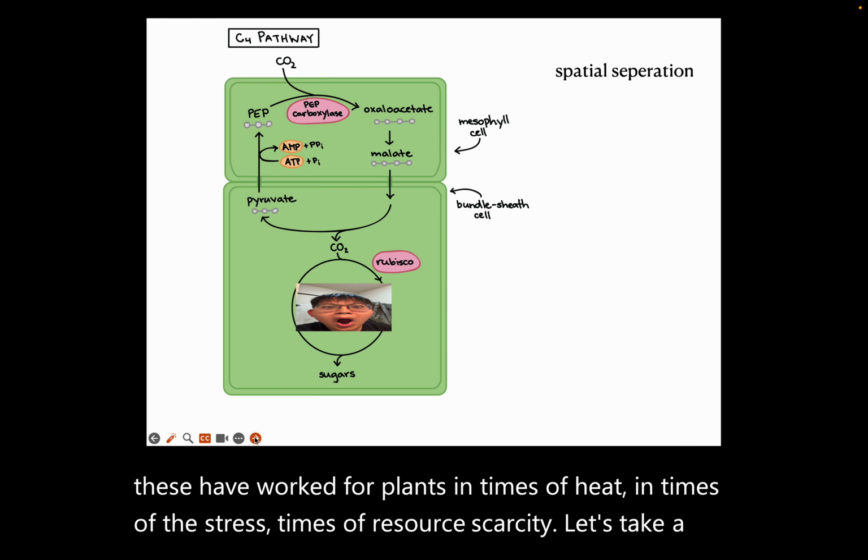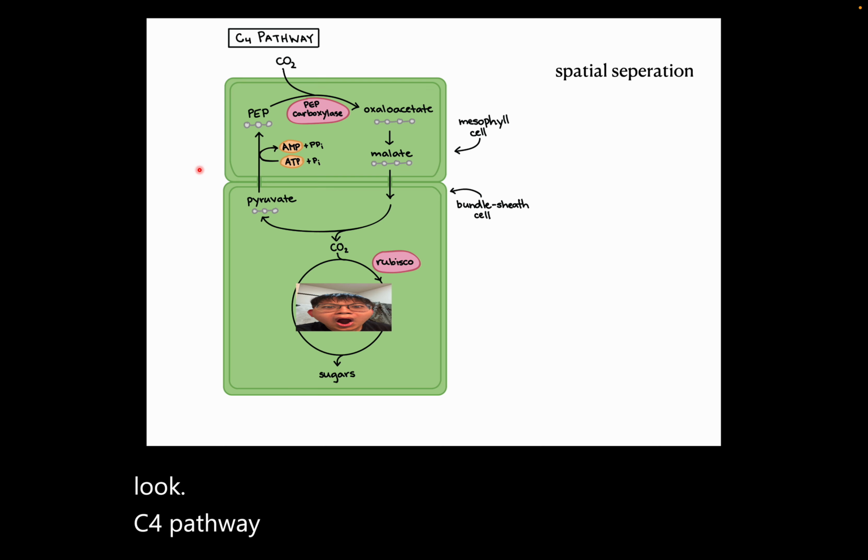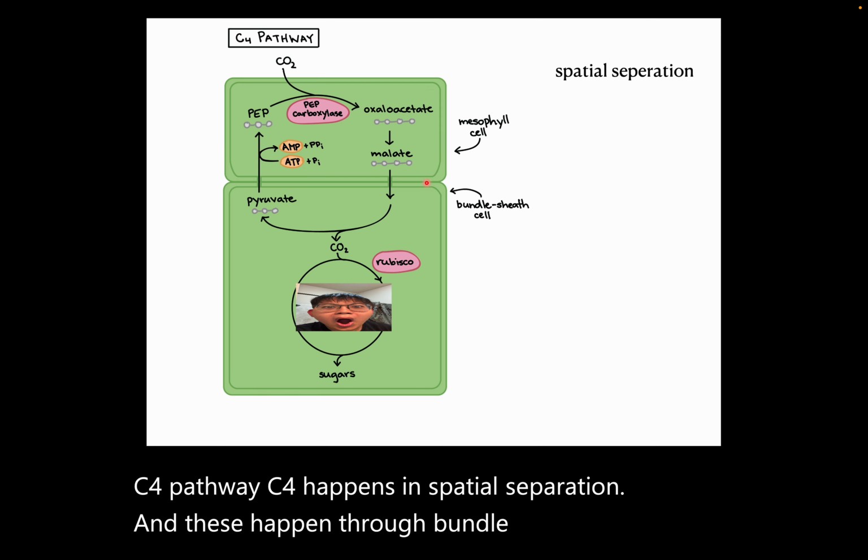Let's take a look. C4 pathway. C4 happens in spatial separation, and these happen through bundle sheaths. So it's a physical wall that separates.